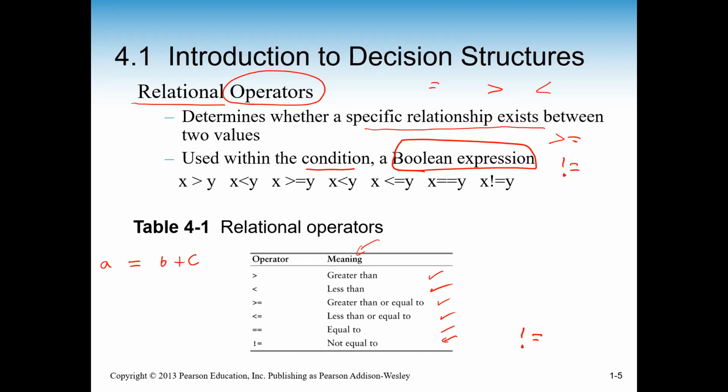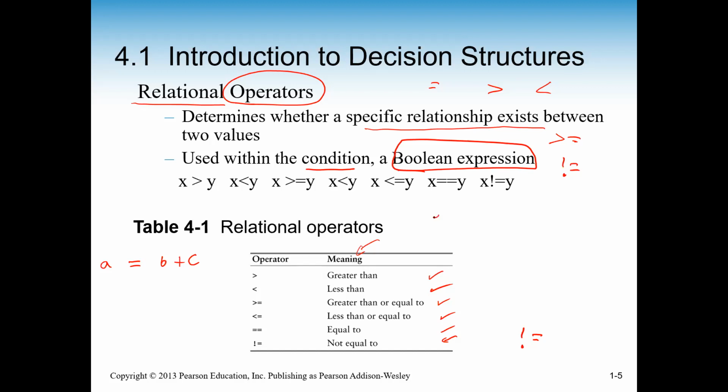So that's the basic idea there. Obviously, knowing the symbols is pretty simple. Once you start thinking about the logic, you'll have to do more exercises, especially as you start to combine these with other operators.